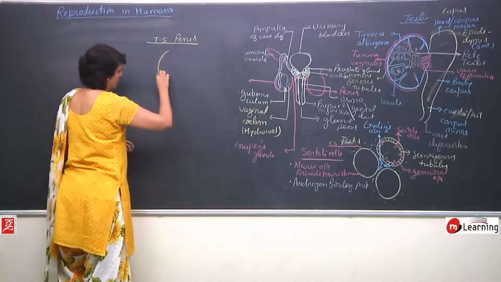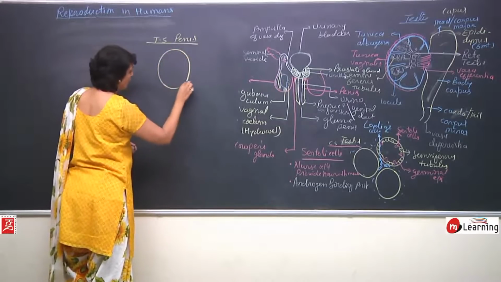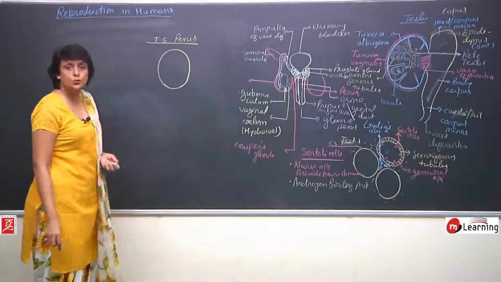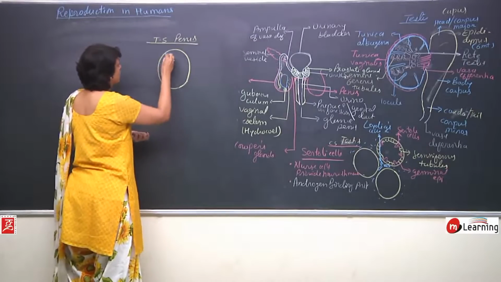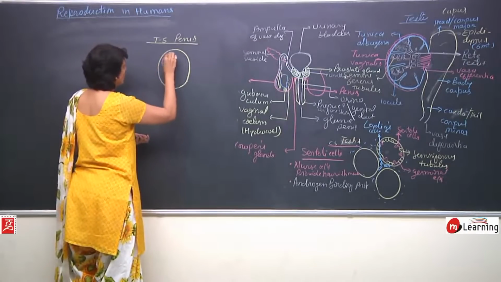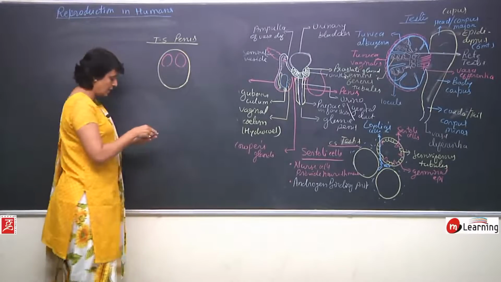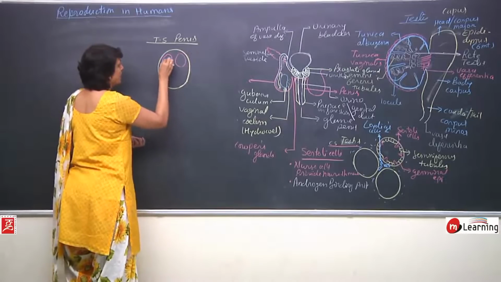So if we cut it, there are 3 highly vascular erectile tissues which are seen. On the posterior side, there are 2. They are highly vascular, and when we take a cross section, we find only blood vessels cut.